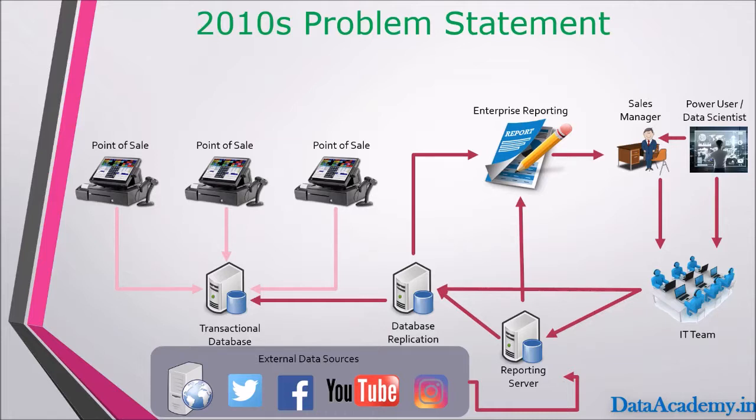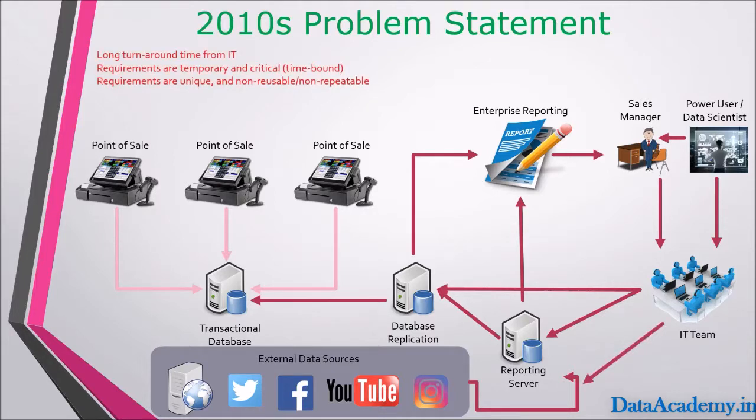But again, there were some problems with this approach. First is the long turnaround time for IT. So the IT team, as always, becomes a bottleneck. All the different requests need to be routed through them, and they will have their own SLAs.